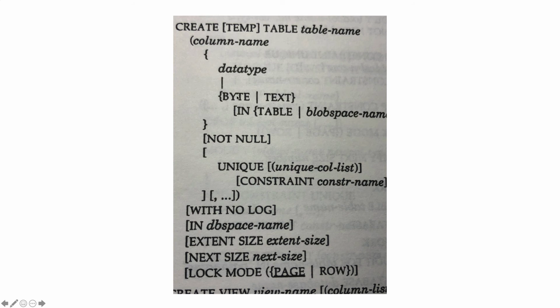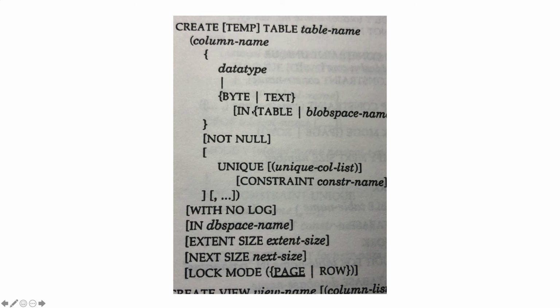So if you're doing what's called the blob, it's either going to be a byte blob or a text blob, and it's going to be in some table, maybe, because that's a square bracket. So the IN TABLE is optional, and so you're either going to give it a table name.